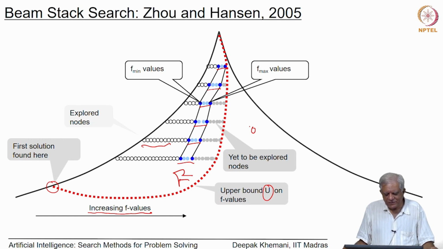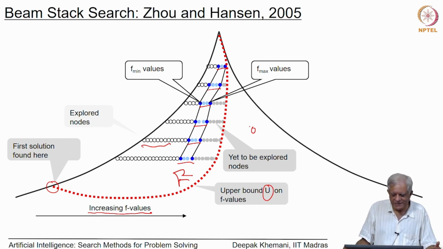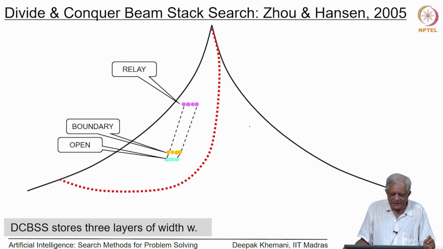So, the last thing we want to see is whether we can somehow cut down on the space even further from here. We have already brought down this whole exponential space to a linear space, and we can clearly solve fairly large problems here, but can we do even better? And that algorithm was called divide and conquer beam stack search.